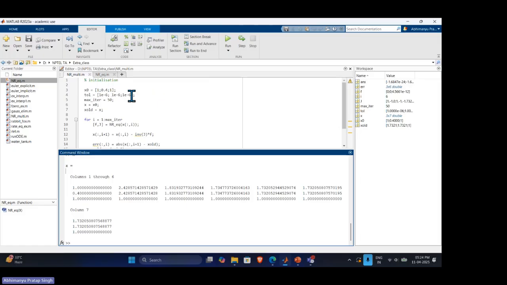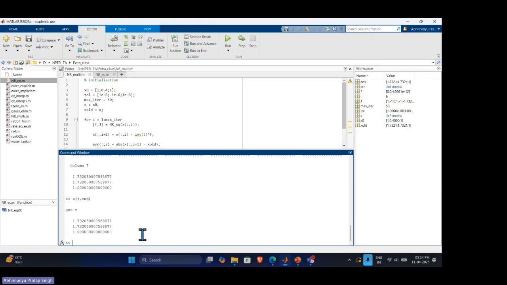Now if I change the initial conditions, I get to some other solution, which in this case is root 3. Yeah, it's root 3, root 3, and 1.